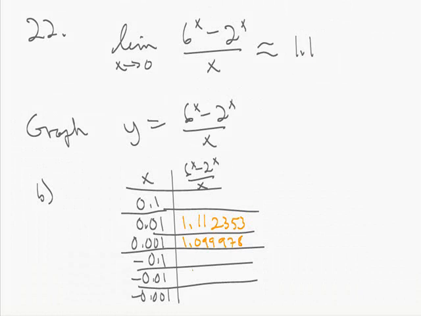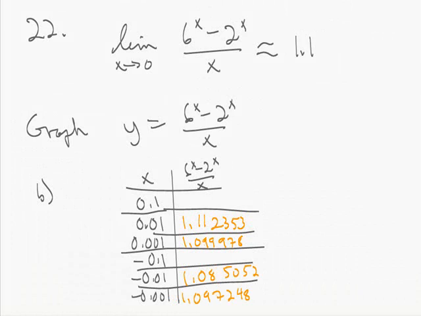For negative 0.01, you should get 1.085052. And for negative 0.001, you should get 1.097248. So you can see that this thing, well, it does seem like it's zeroing in on 1.1.